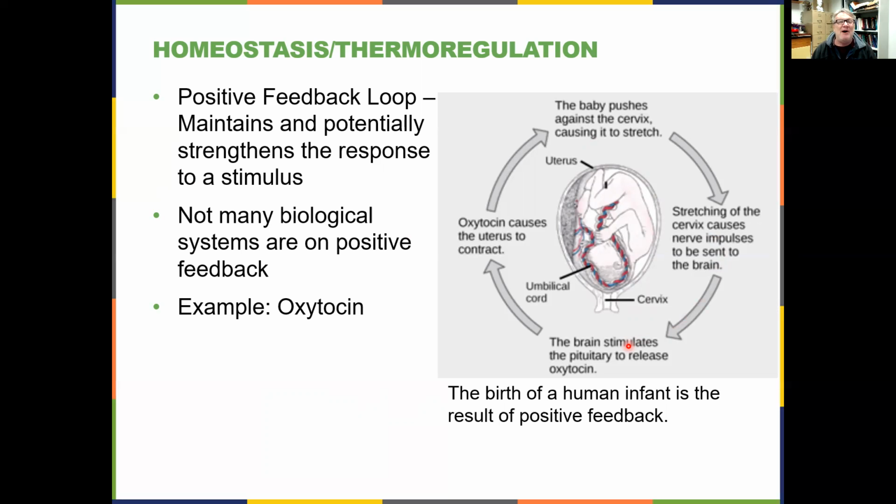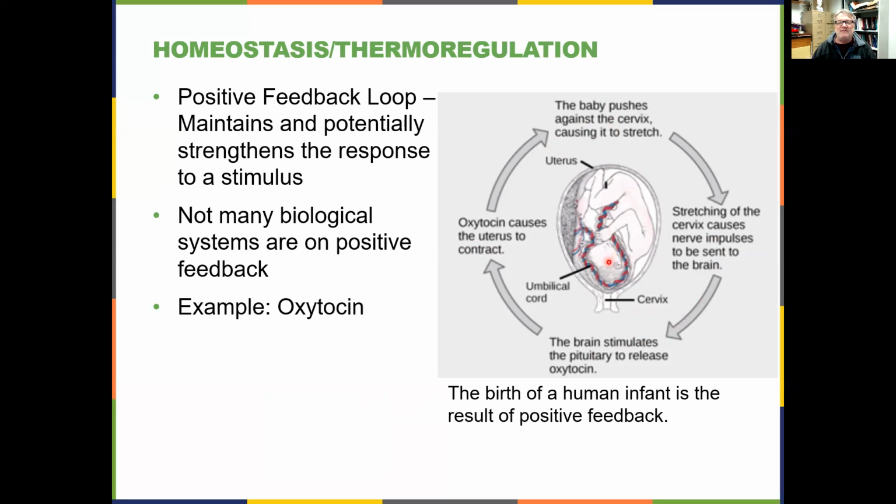Okay, that's what the positive means. The action of oxytocin actually sets up the situation so that more oxytocin is going to be released. So now that more oxytocin is being released, the uterus contracts even more than it was before.